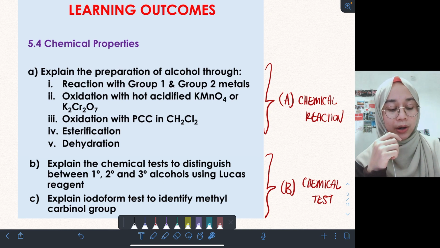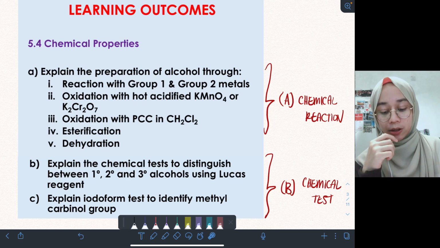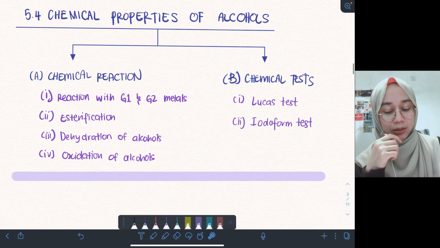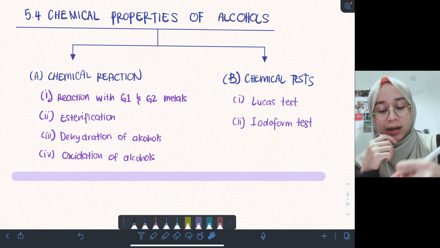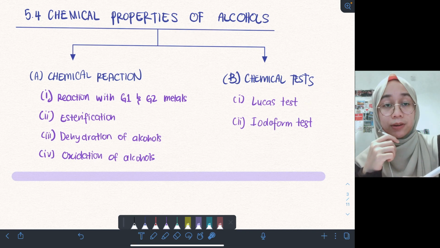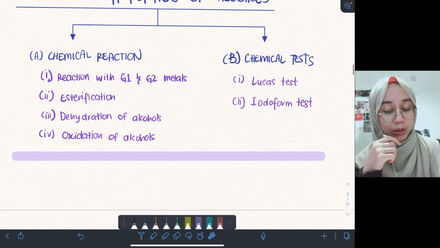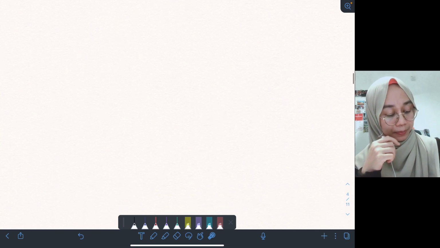And then C, we are going to explain the iodoform test to identify this one particular group. We have a look at that later on. So we are going to have a look at the Lucas test first, and then the iodoform test. Okay, so let's go into the chemical test.